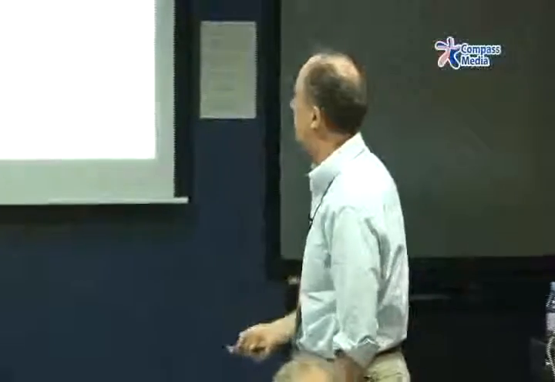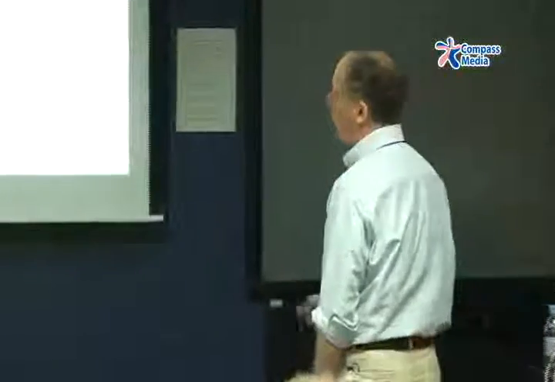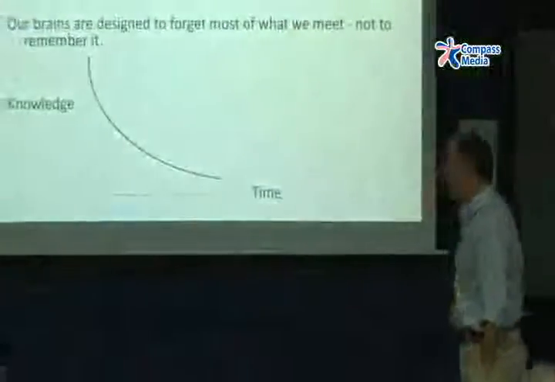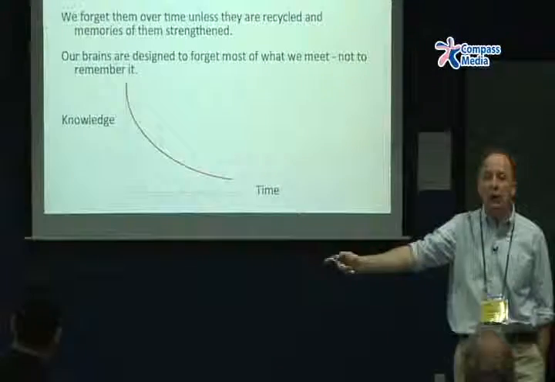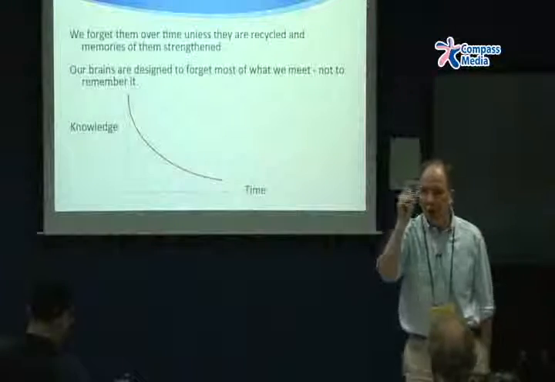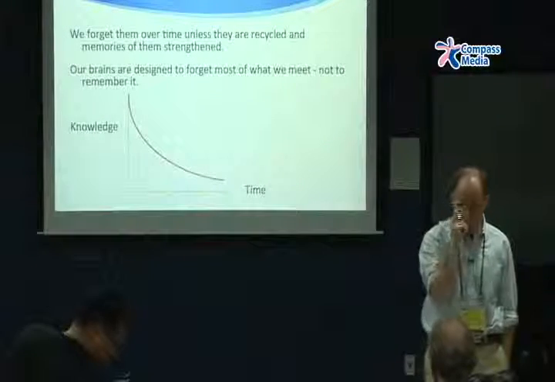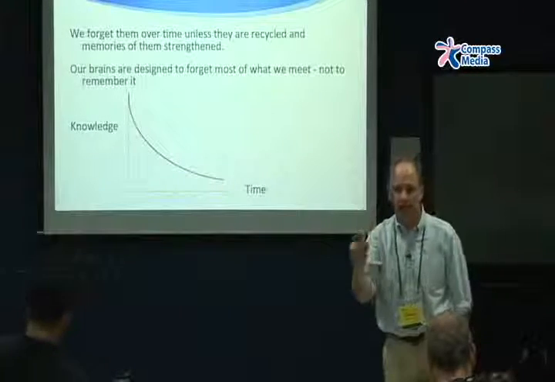And this is often something that we don't have in our classes. In fact, our brains are designed to forget stuff, not to remember stuff. We forget an awful lot more than we ever remember. So if you think about this in terms of time and knowledge, there's a very strong finding in research that shows that we will lose knowledge, particularly knowledge which is in pieces, like a word, a piece of grammar, a name.